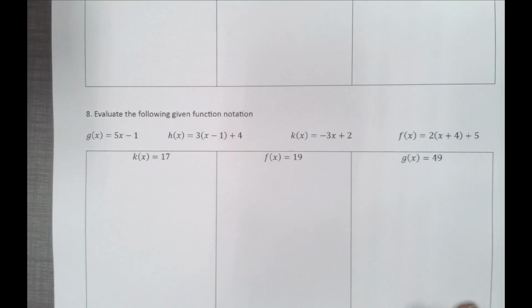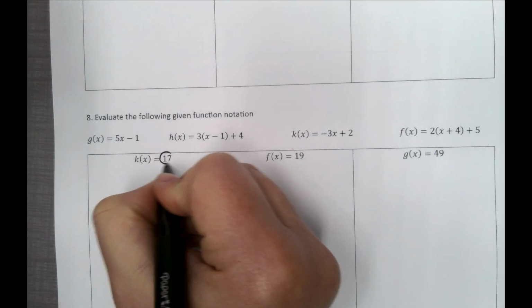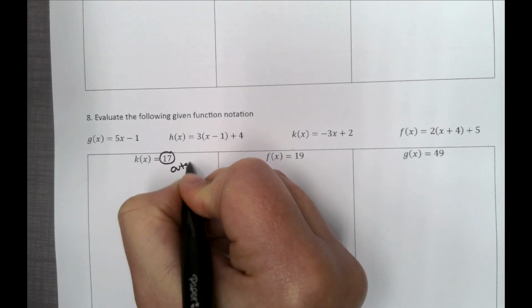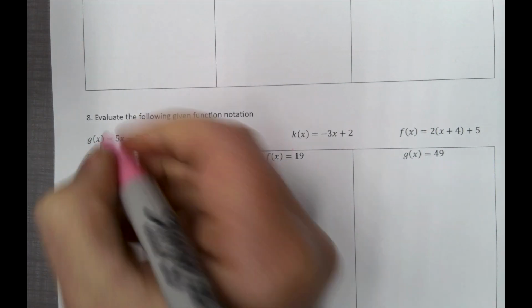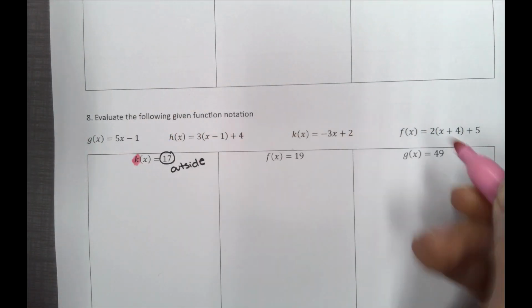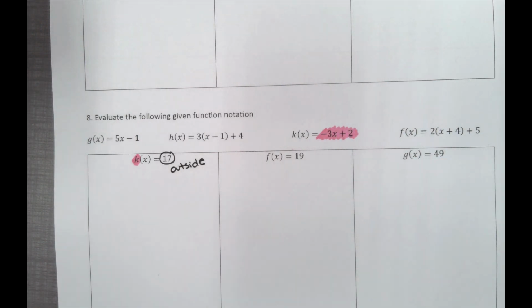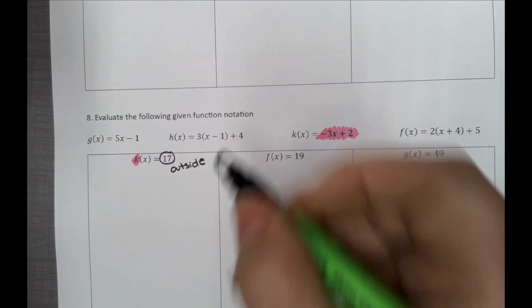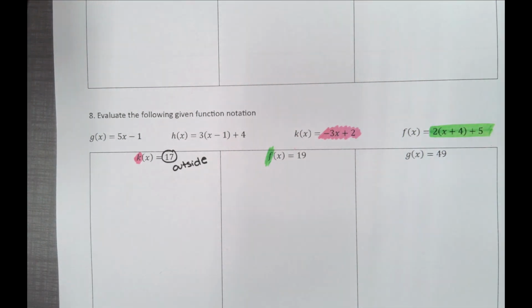For question number 8, we are going to be doing a little bit different because notice that we have an outside of our function, 17. Same thing as before, we do have names of functions. So here's k, here's f, here's the name of our function f, and here's g.